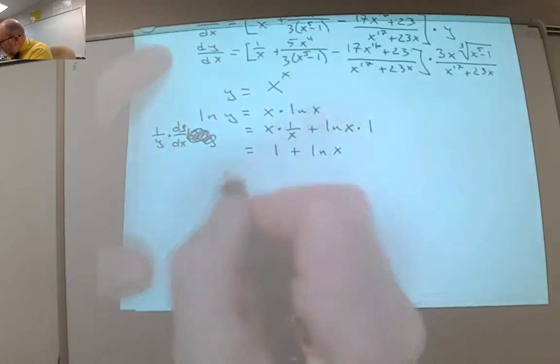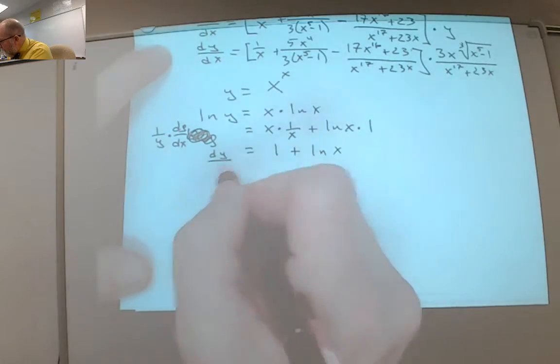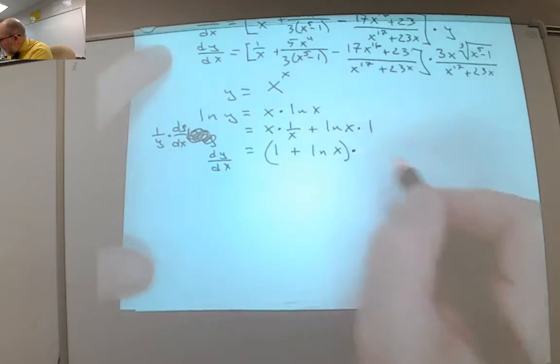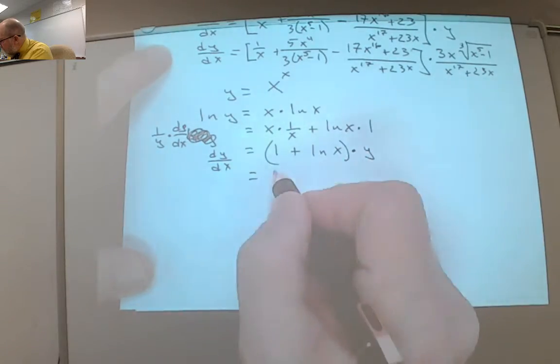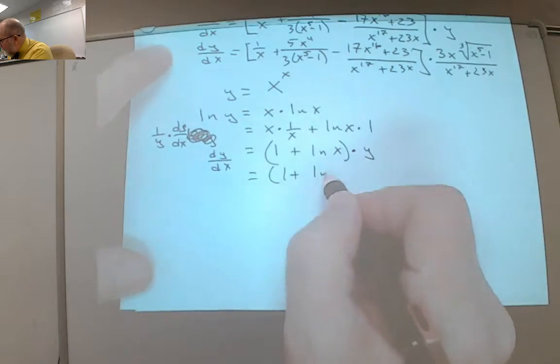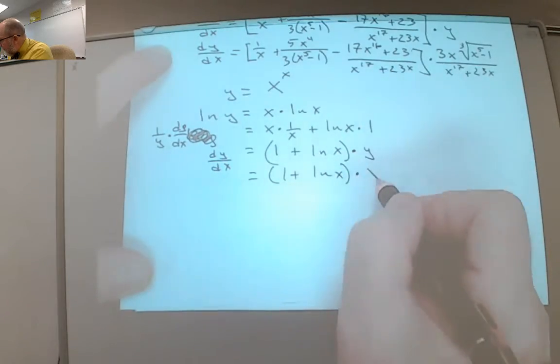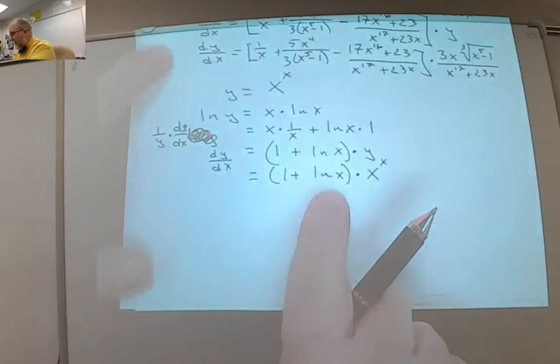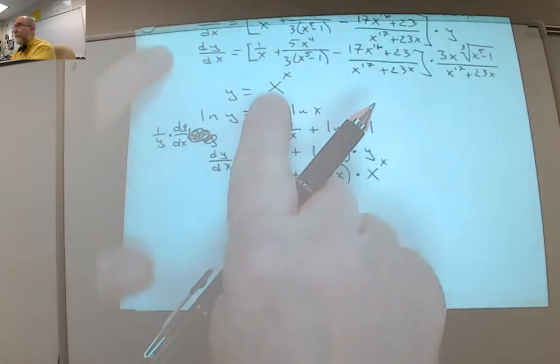So that means dy dx is going to be this times y, which is 1 plus the ln of x, times y. y is x to the x. So that's the derivative of this.